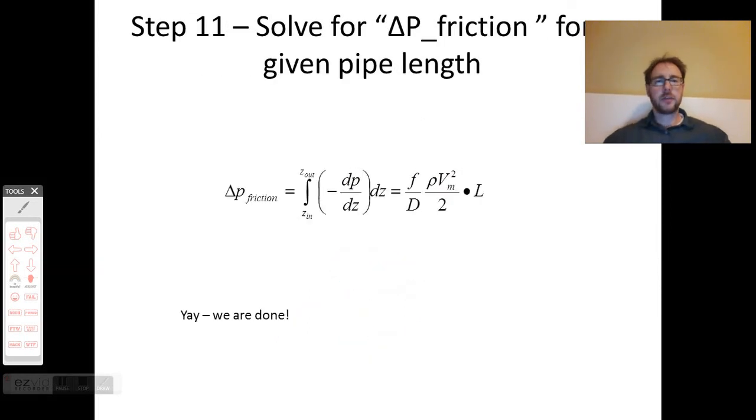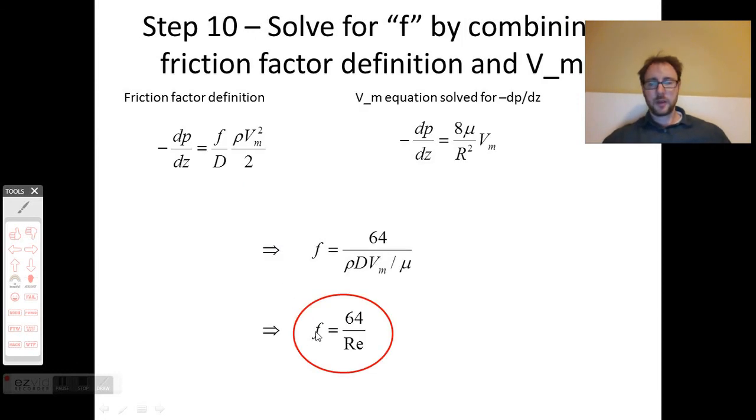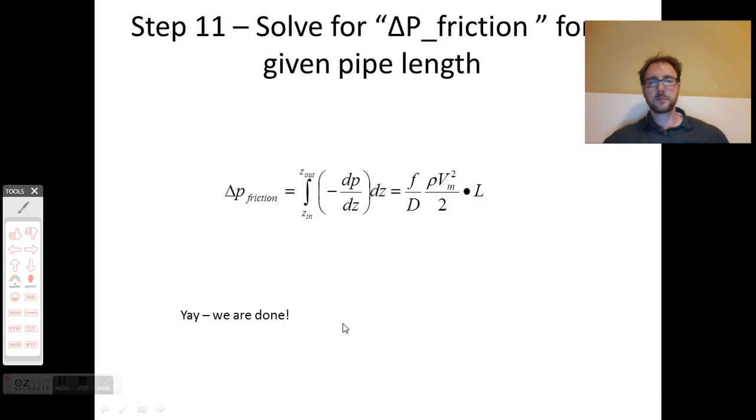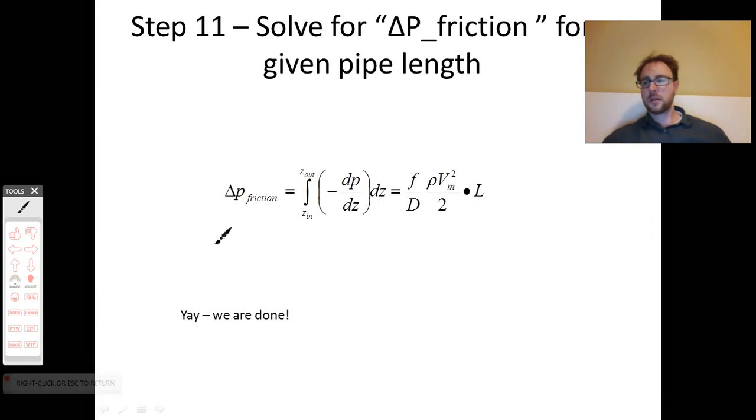And we can use that fact to solve for the friction pressure drop for any given pipe length, because we have a pressure gradient defined in terms of a friction factor and a friction factor defined in terms of the Reynolds number. So if we're going to solve for our friction, we're going to take our pressure gradient and integrate along the length of the tube.